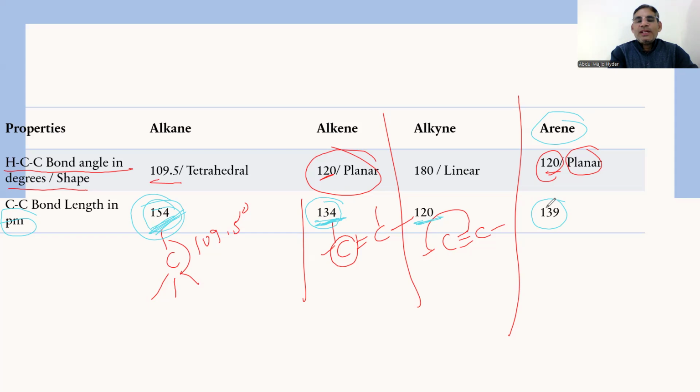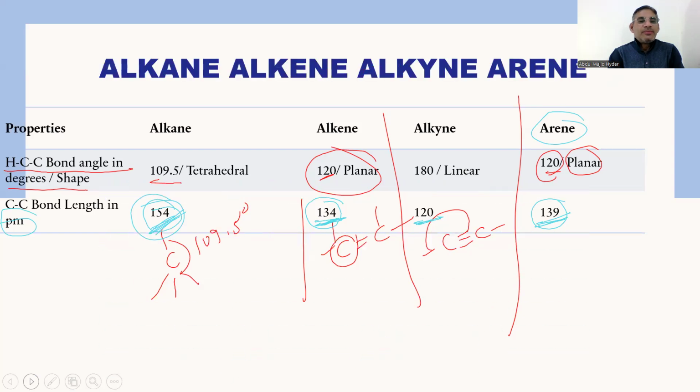There will be delocalization of these pi bonds, and because of that, their bond length will be greater than alkene and lesser than alkane. So in between alkene and alkane, bond length of CC bond there in arene will be there.